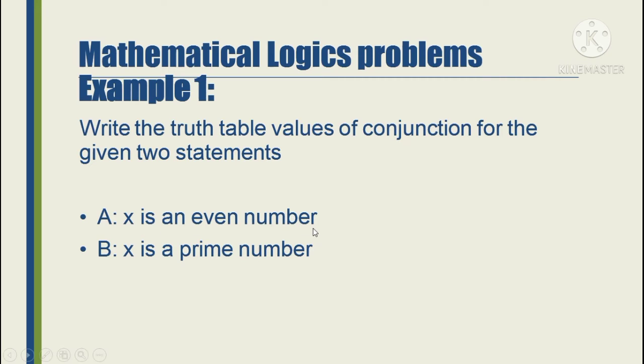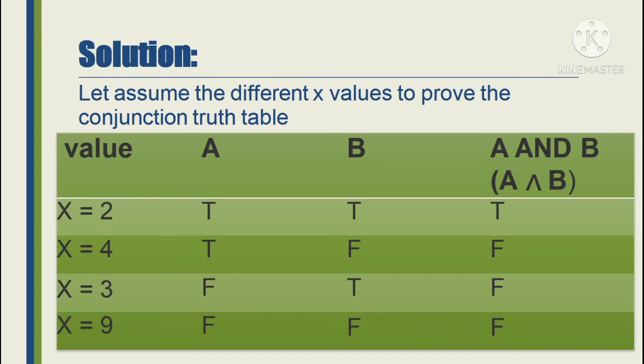So, ang even number natin is 2, 4, 6, 8, 10, 12, 14, 16, 18. And the prime number natin, class, is, what prime number? What is the prime number?